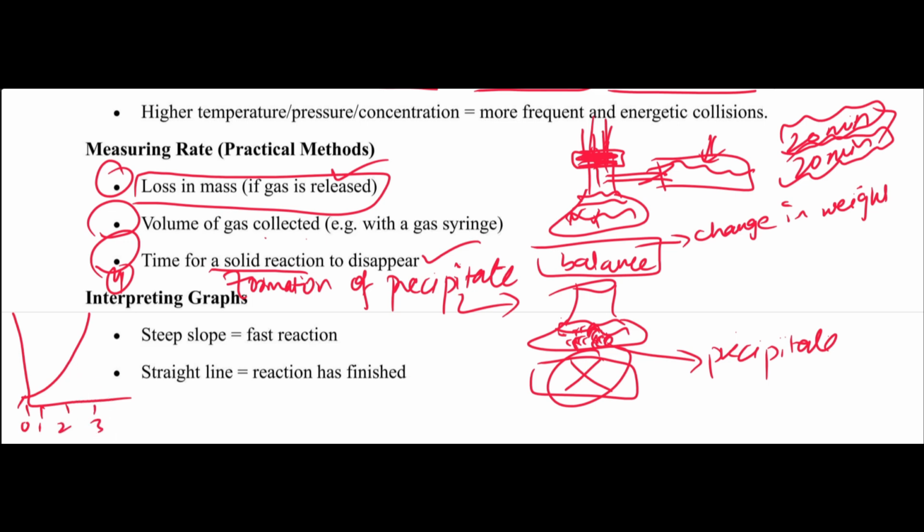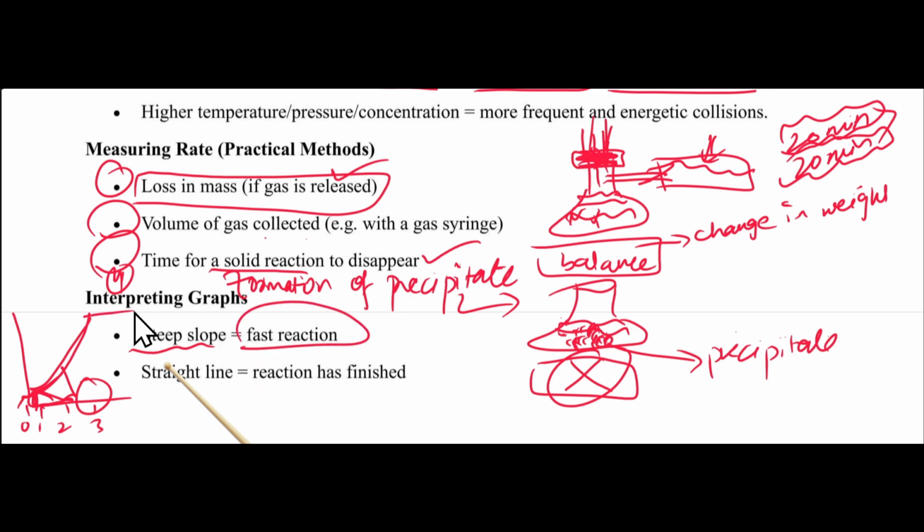So how will you know? You have to draw a triangle, and you can see how much time it is actually taking to get the product up to there. If this line is more steep, then it means the reaction is faster here.